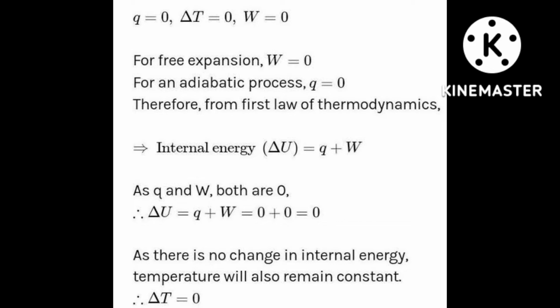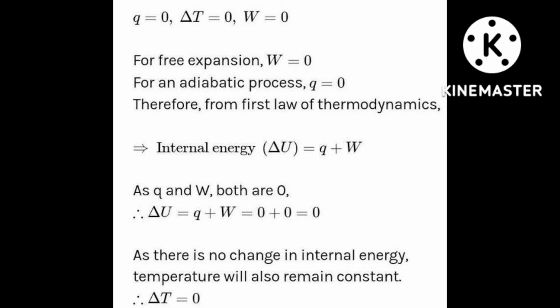Then in case of expansion, for isothermal reversible change, Q is equal to minus W. Now the W value in case of expansion, because work is done by the system, will be minus.